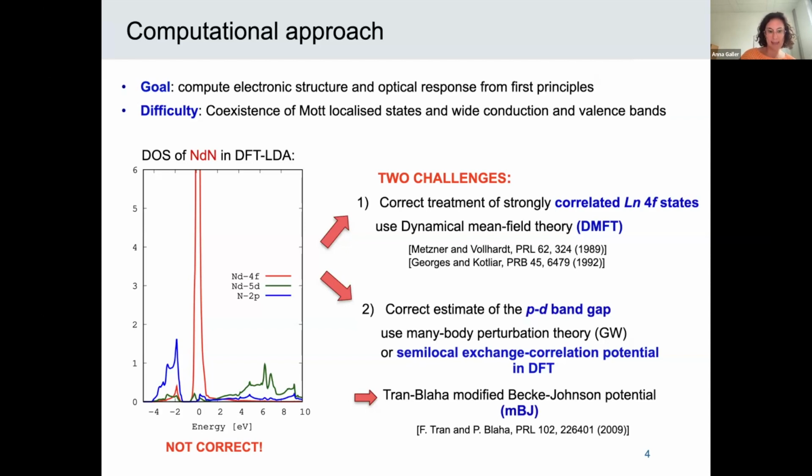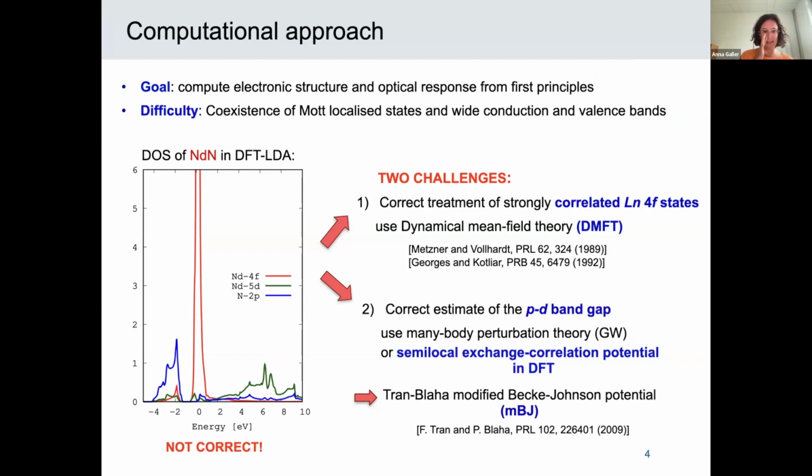So the sharp peak at the Fermi energy here represents the neodymium 4f states, which is of course not correct because we know these materials are not metals, they are semiconductors. And the reason why DFT fails to correctly describe the neodymium 4f states are the strong correlation effects in the 4f shell. But we all know that we can cure this issue by using dynamical mean field theory.